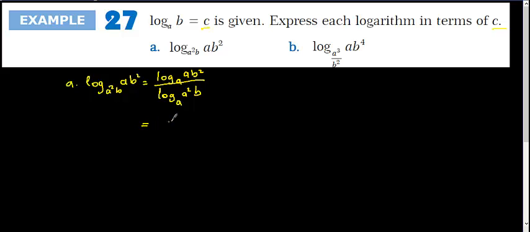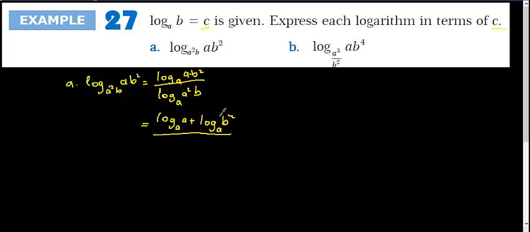Then logarithm base a of a b square is equal to logarithm base a of a plus logarithm base a of b square. This is the numerator part, because the operation between them is times, so this times comes here as an addition.